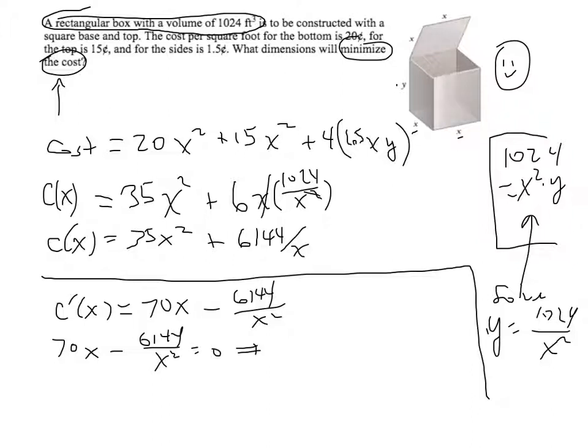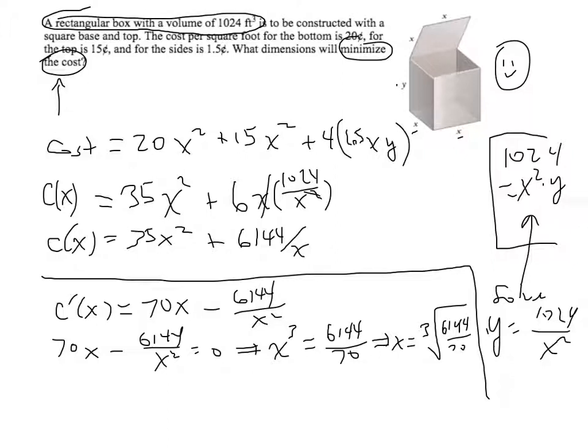If I multiply through by x squared and then divide by 70, I'll eventually have x cubed is equal to 6144 over 70. And so x is going to be the cube root of whatever 6144 over 70 is.